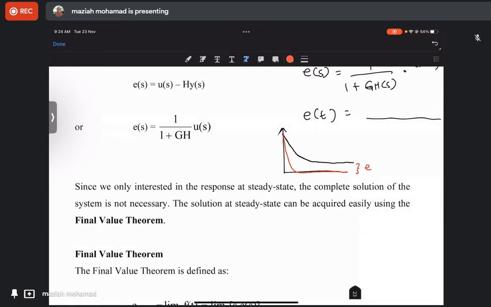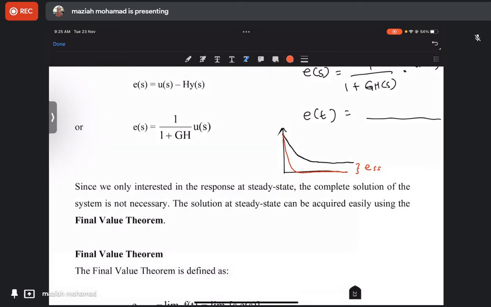This is what we call steady state error. Of course, the objective is for the error to be 0, but sometimes based on the design, the system will not be able to reach the required set point, so it will settle at some value. The difference is called steady state error.